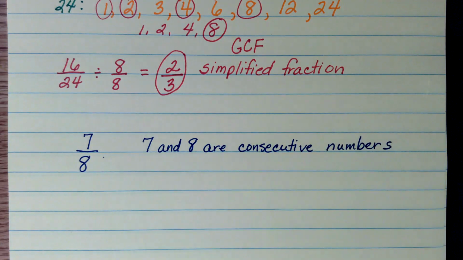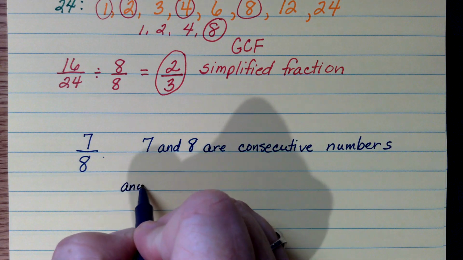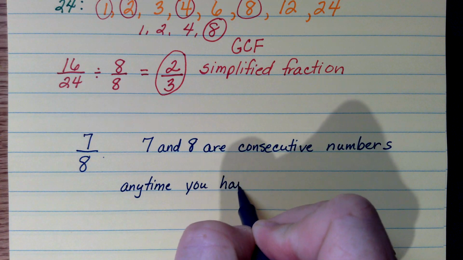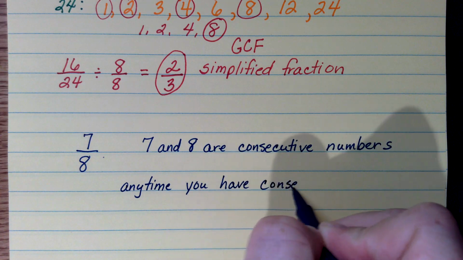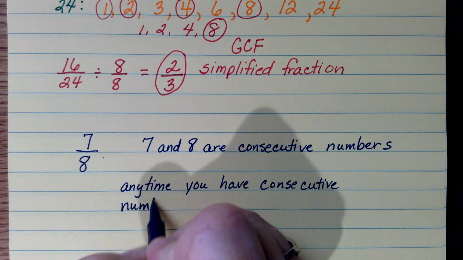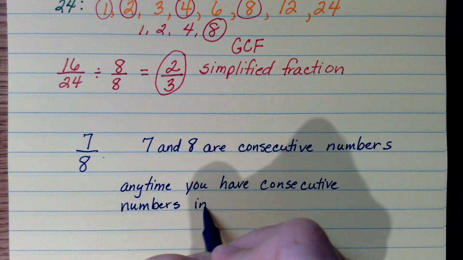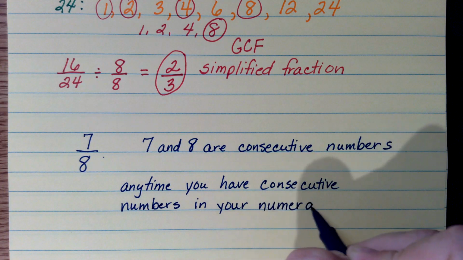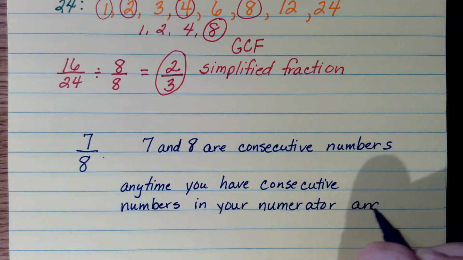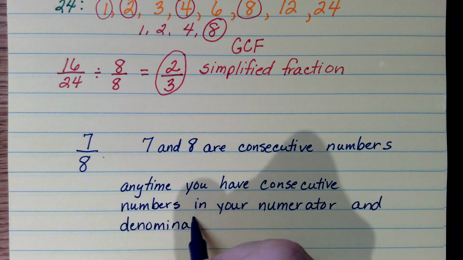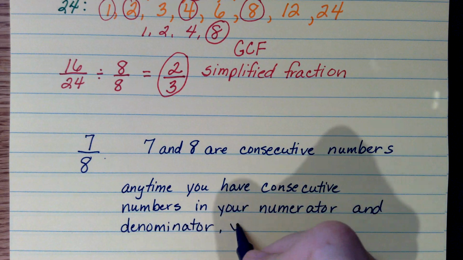Anytime you have consecutive numbers in your numerator and denominator, your fraction is already simplified.